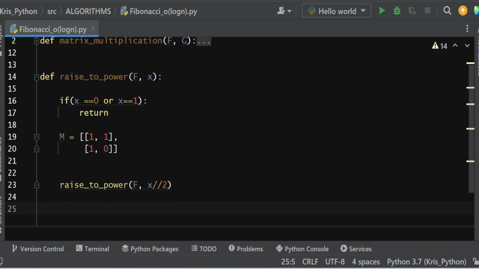So we are starting with f and raising it to the power x divided by 2. Note that we are actually taking a floor of x divided by 2.